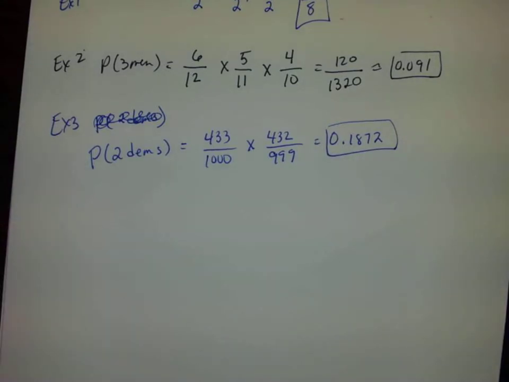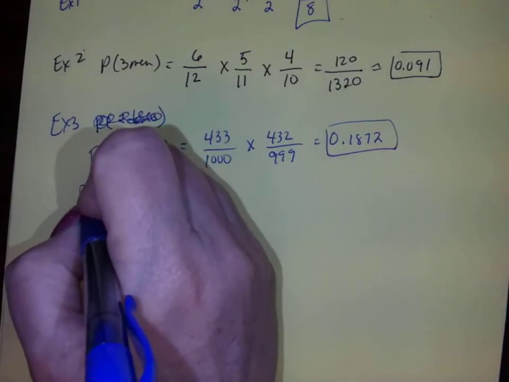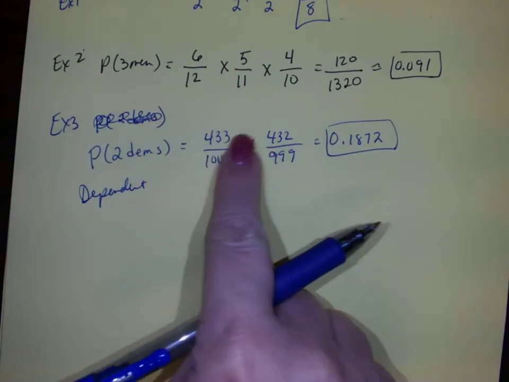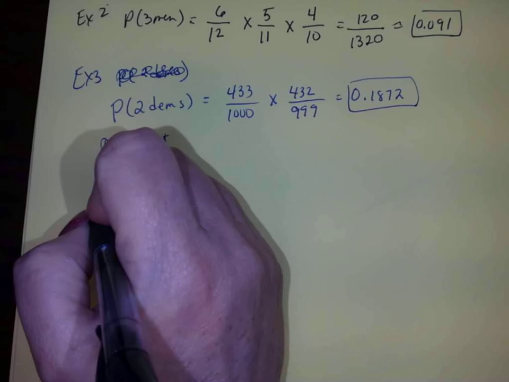Now, we could take note here. What would happen if we were to treat the two calls as independent events? Because a selected person is not removed from the list. Let's just say that happens. So this was dependent, right? Because given that this occurred, that changes that. What if we treated it as independent?